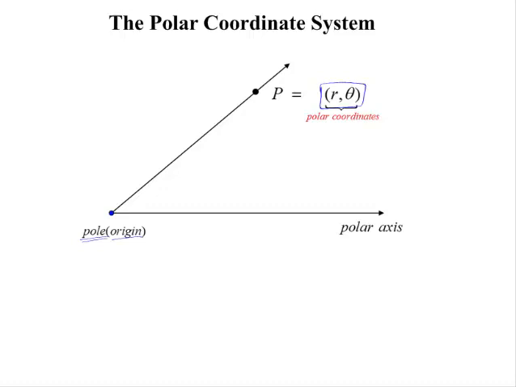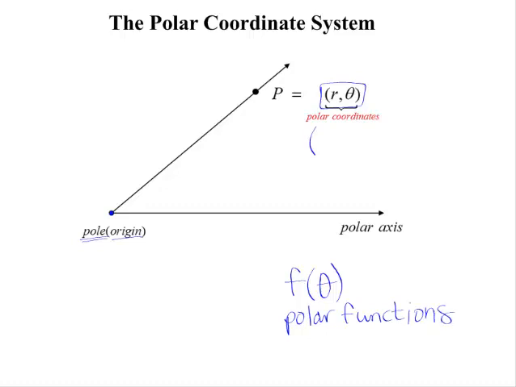And a difference here that I want to note, and we'll talk more about this later, is that we are going to be talking about functions of theta. Polar functions are functions of angle measures, functions of theta.